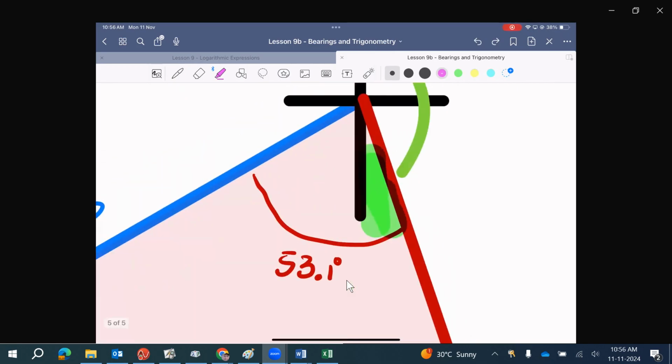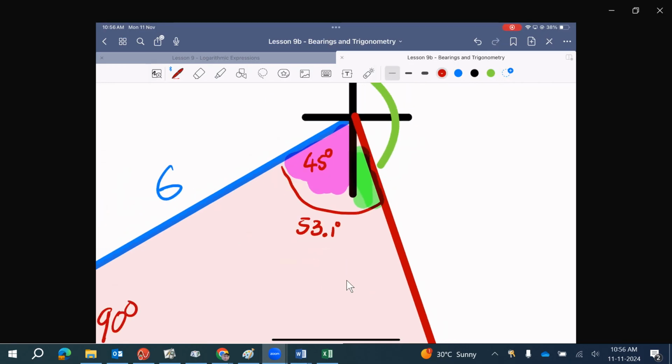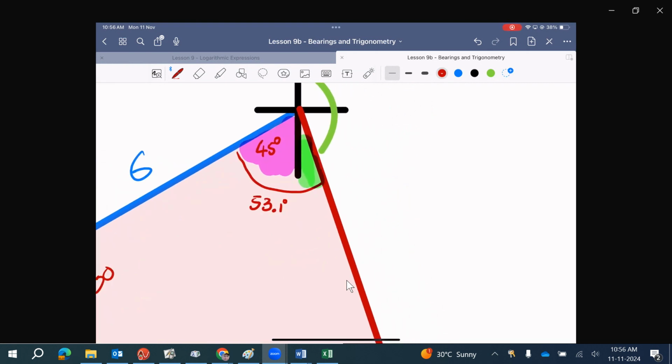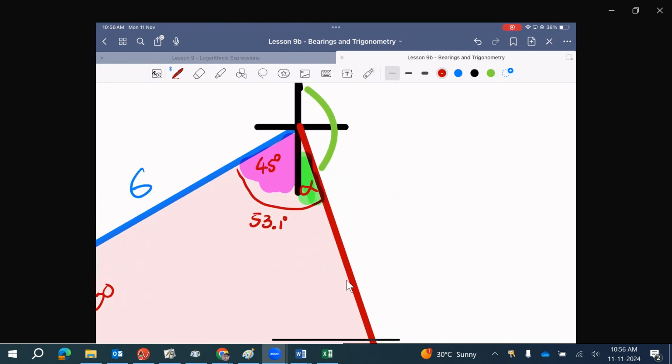So we can say that this angle here is 45 degrees. So if this one is 45 degrees and that one's 53.1, then this angle here that we're after, alpha I'll call it, is 53.1 minus 45, 8.1.